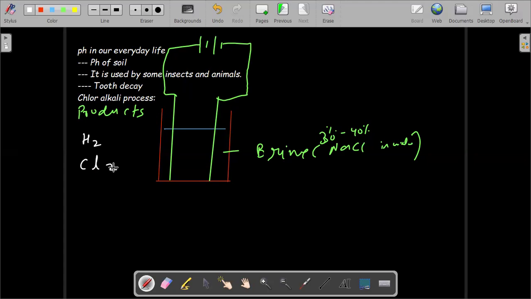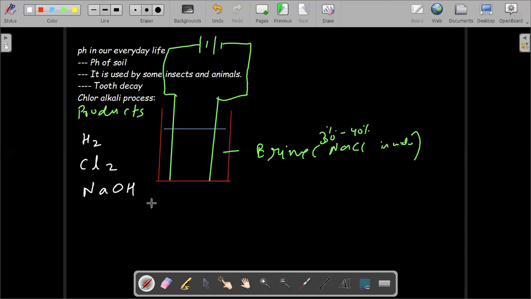Sir, I do not remember the last one, sir. What is the other one? You get caustic soda, sodium hydroxide in the solution. Okay, so these are the three main products which we obtain from the chlor-alkali process.